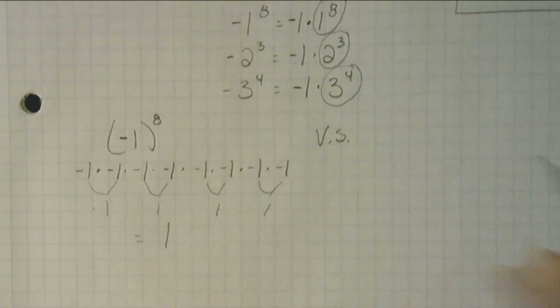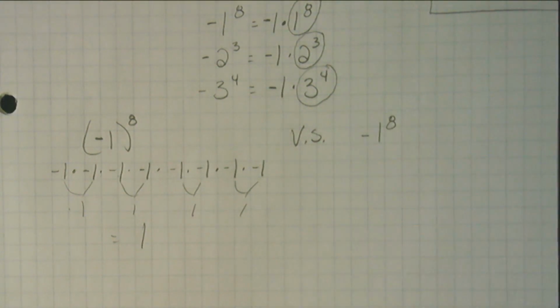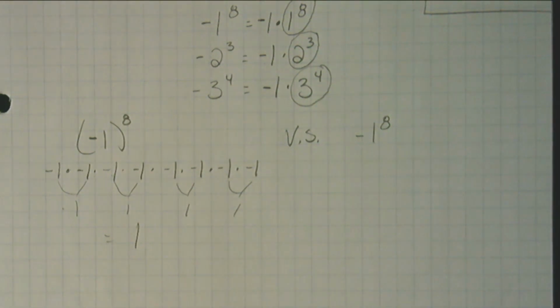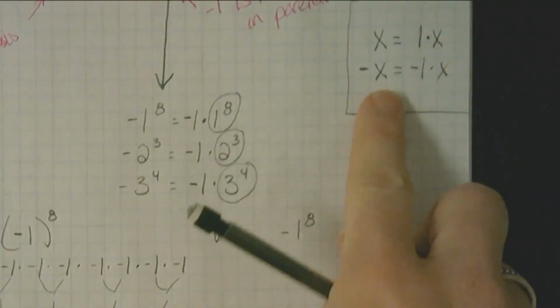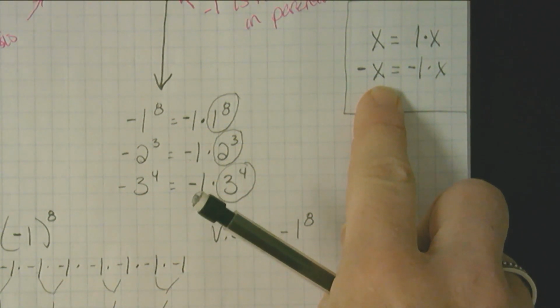Versus negative 1 without parentheses to the 8th power. This is something you're just going to have to remember. I don't really know a cool way to show it to you other than the way that I am showing it to you. I'm trying to have you guys connected to something I think you guys already know. That if I have a negative x, that's really negative 1 times x.